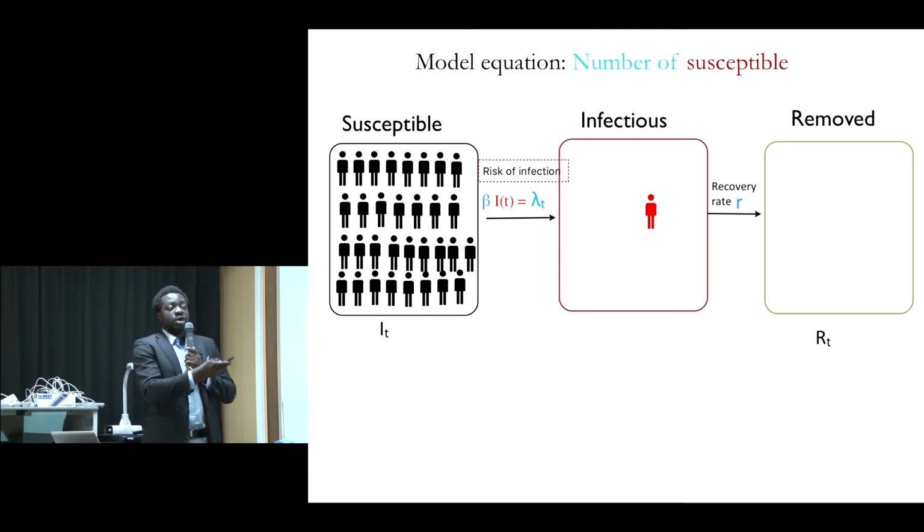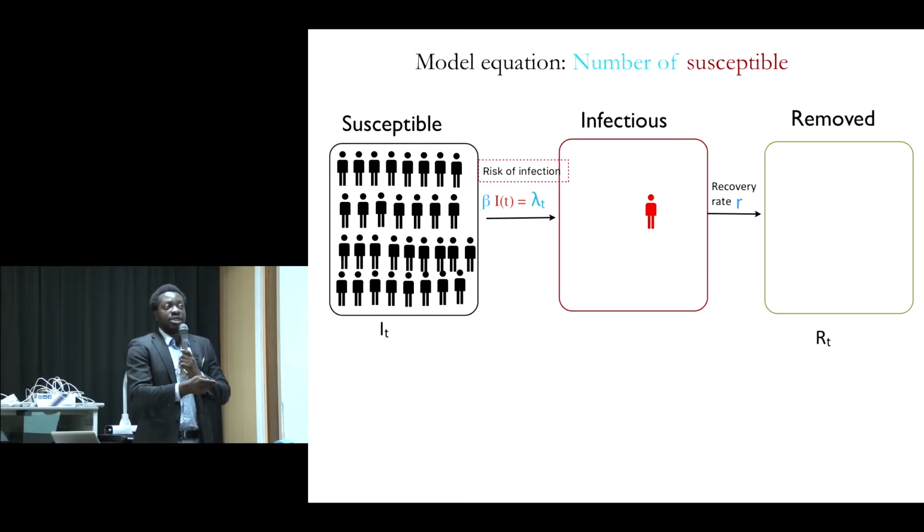When we want to predict how the number of susceptible changes, we just want to know how many people get out of this box every day, at time plus one, time plus two, how many people go outside and how many people remain here. In that way we can predict.